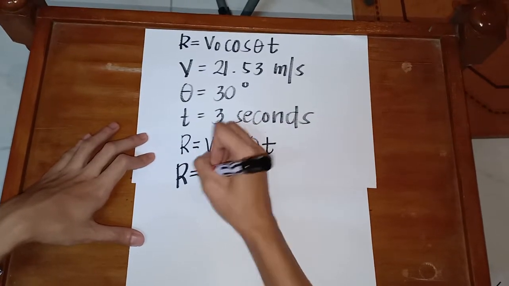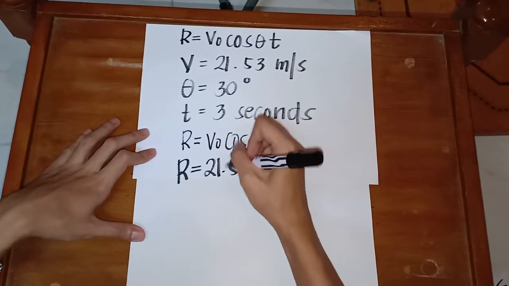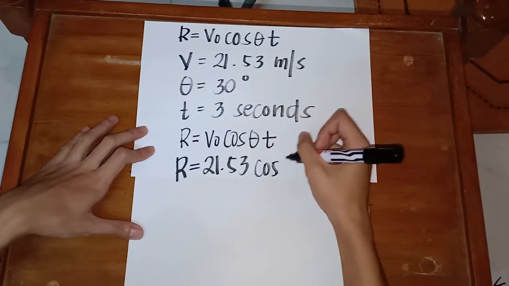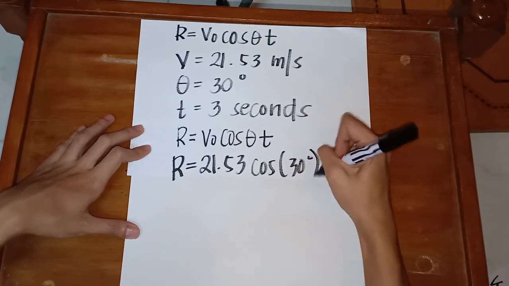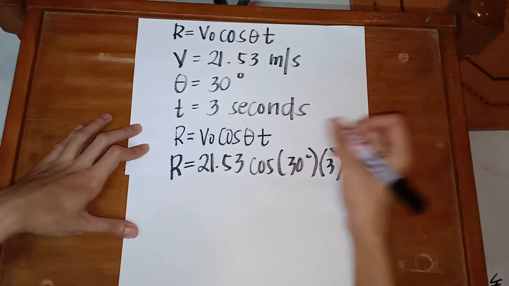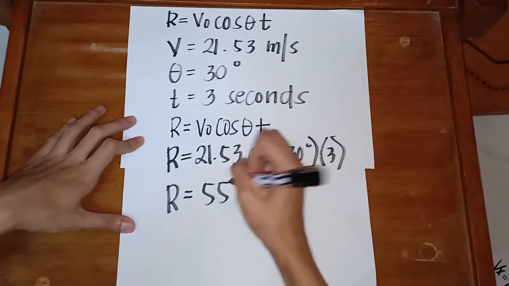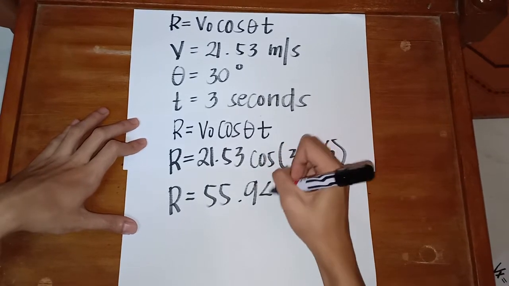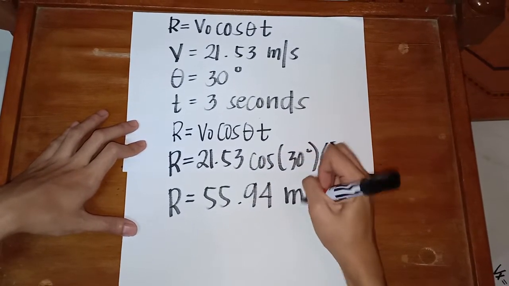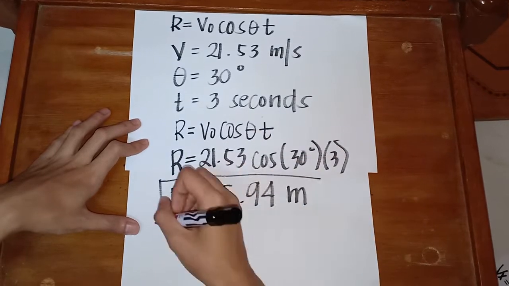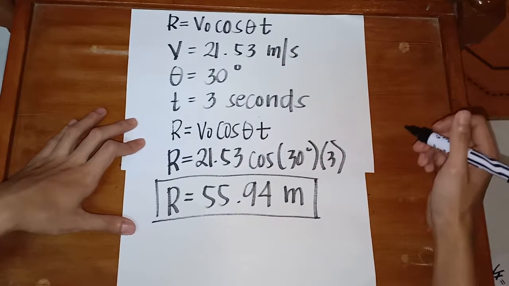So, displacement is equal to 21.53 cosine 30 degrees times 3. Kapag in-input nyo yun sa calculator ninyo, makakuha kayo ng sagot na 55.94. Ang unit niya is in meter. Ayan yung displacement ng ball within 3 seconds.